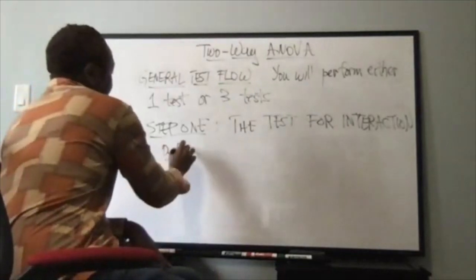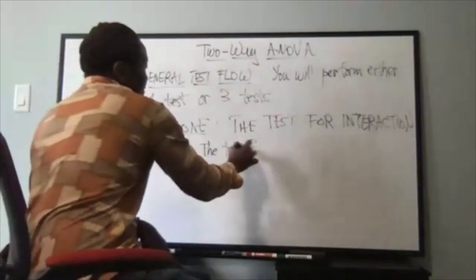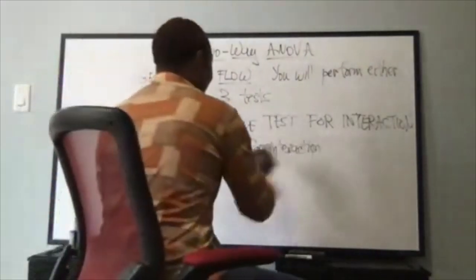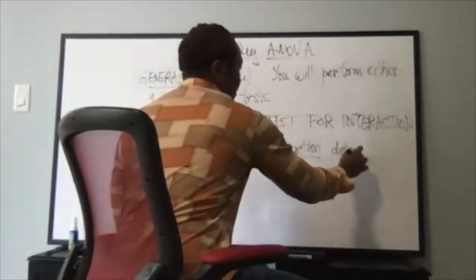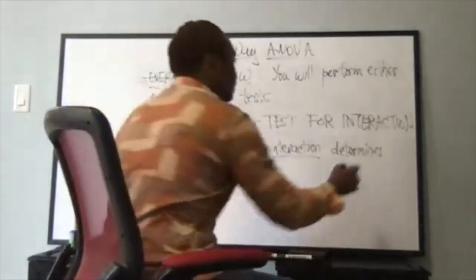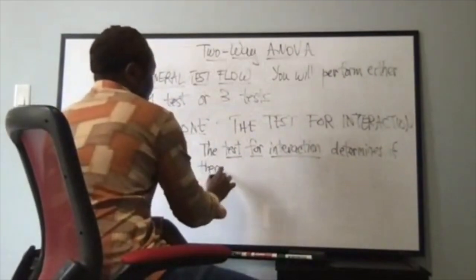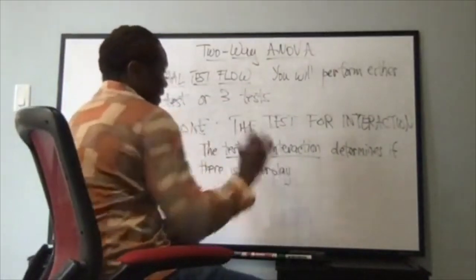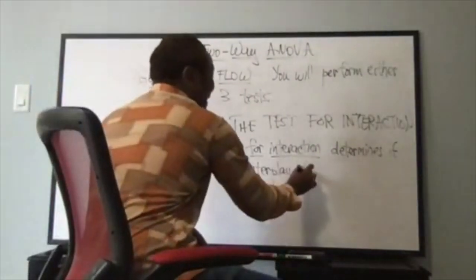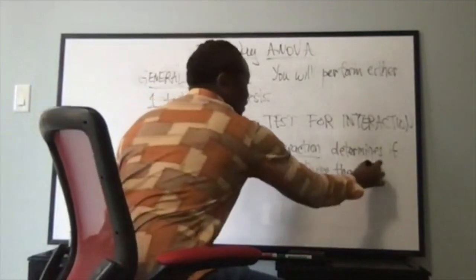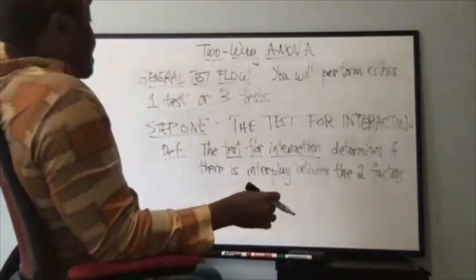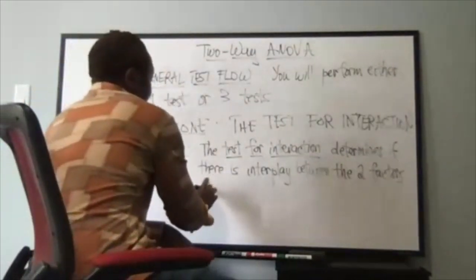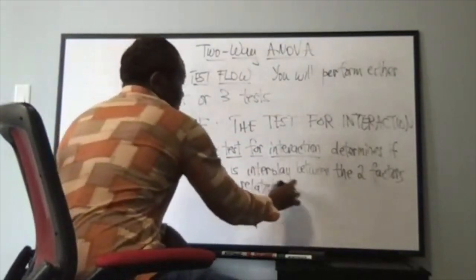Definition: the test for interaction determines if there is interplay between the two factors as it relates to the data.